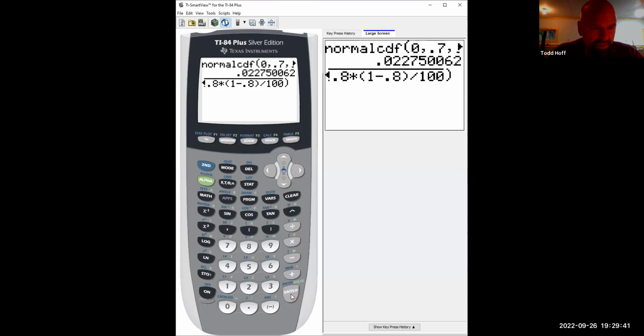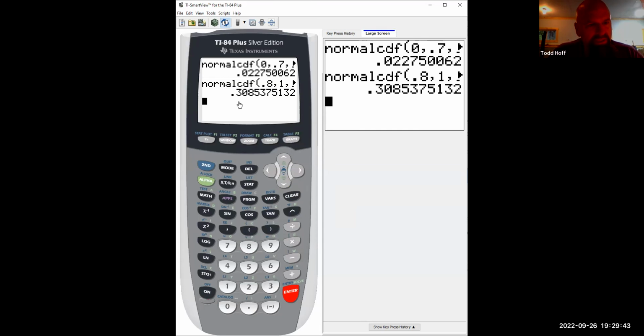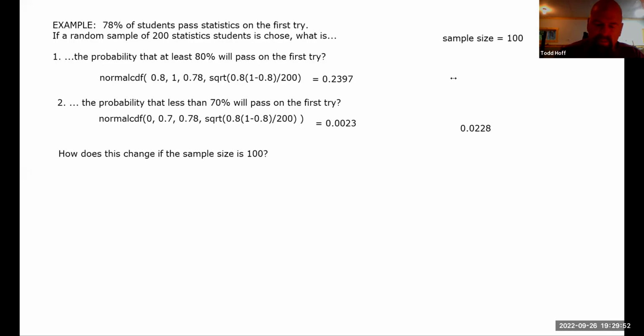And this should also be a larger probability. And there it is, 0.3085 is what we're ending up with there. So the smaller the sample size, the more likely it is that we get a value further away from the mean or the true population proportion.